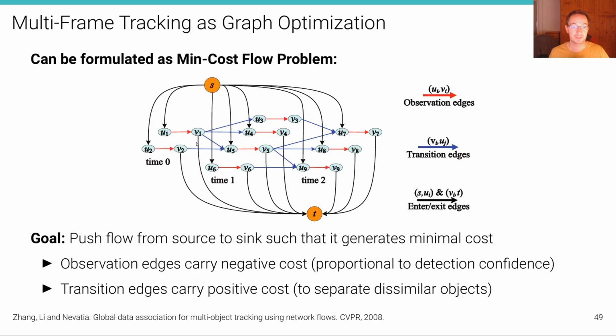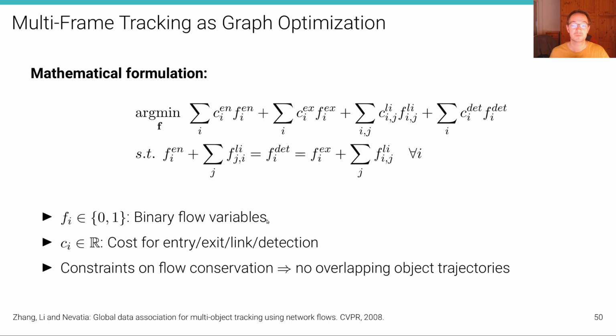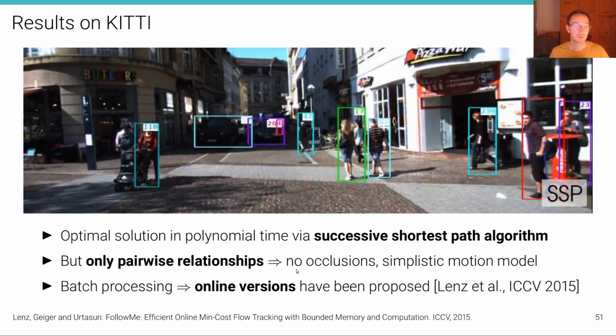You may have noted that we have only these pairwise edges between adjacent time steps. So we cannot model any occlusions, or we have to link detections across multiple frames, which becomes computationally expensive. And we can only use very simplistic motion models, like a constant position model, where the object is not moving far. So these are the disadvantages of this first formulation.